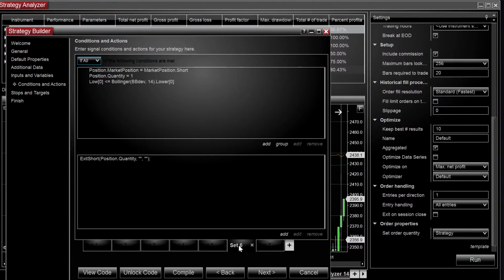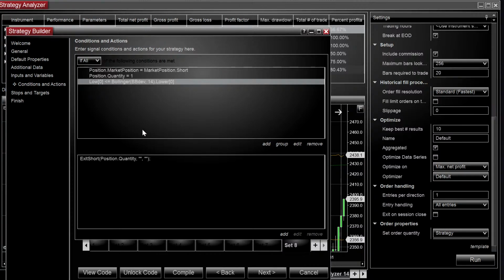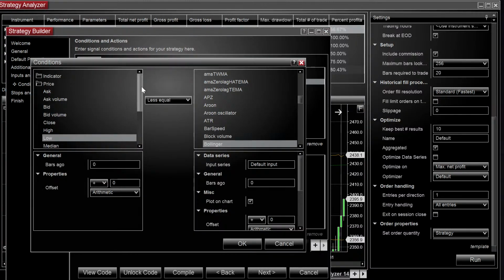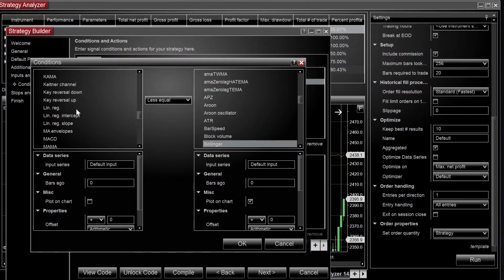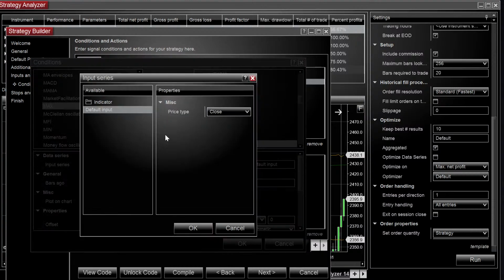And so for the short side, let's duplicate that. Short, we got 1 contract left. Now we're going to look at the 10 period high.